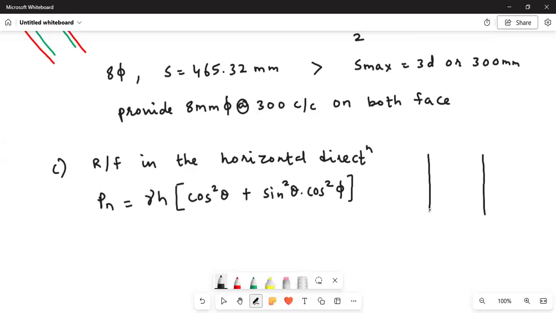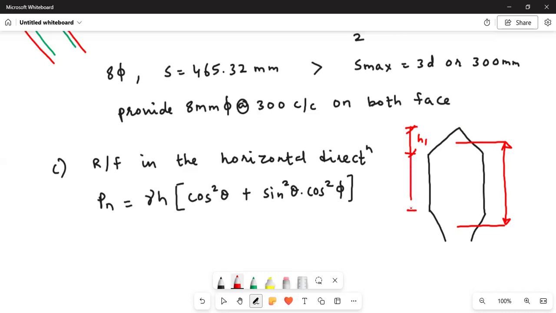Okay. So this is your hopper bottom. And above the bunker you have the surcharge like this. Okay. So what is this distance? This H is half of the depth of the surcharge. And this is your H1. This is H2.